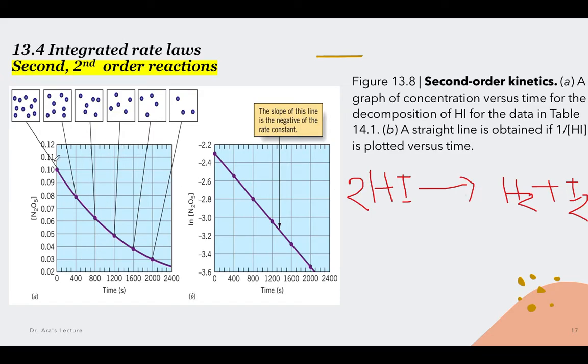This is a graphical representation of the second order reaction and the change of concentration over time graph. And here the slope of this line is also the negative of the rate constant.